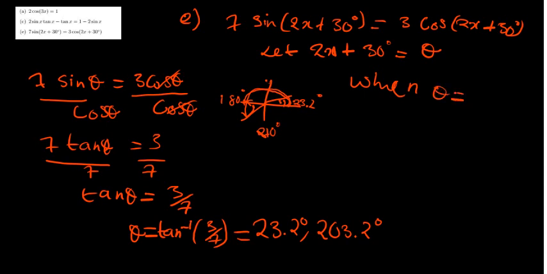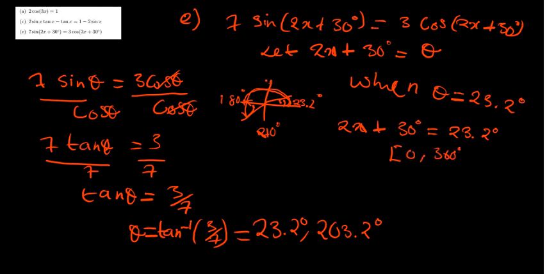Then when theta is equal to 23.2 degrees, 2x plus 30 degrees equals 23.2. In this case we get a negative, but note that in this question we are given a range of 0 to 360 degrees, so it does not include the negative. We discard the negative and just consider the positive.